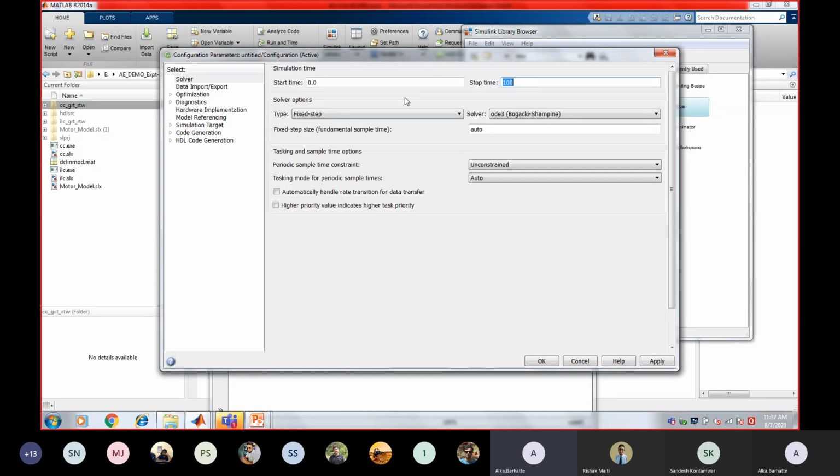If we are not interested in all the solver options, you can directly change the stop time period. This is representing the number of steps, or the 100,000 seconds, basically. Time is in seconds. So you just apply that and click on OK.